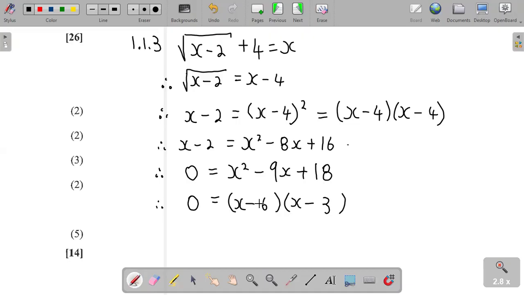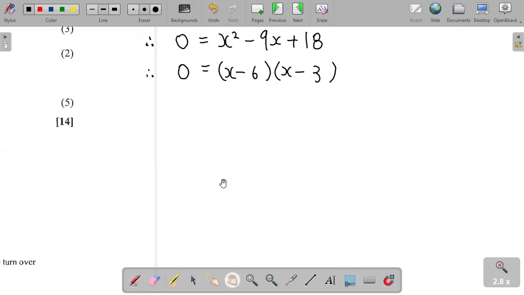When you multiply 6 and 3, you get 18. So it means therefore, x equals to 6 or x equals to 3.